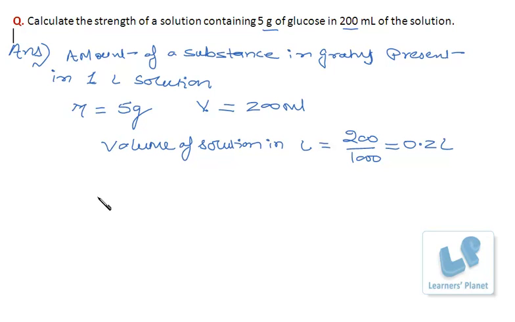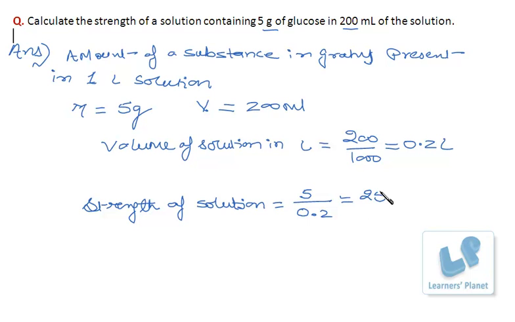Now we can find out the strength of the solution. Strength of solution will be equal to 5 gram divided by 0.2. Now it comes out to be how much? It is 25 grams per liter.